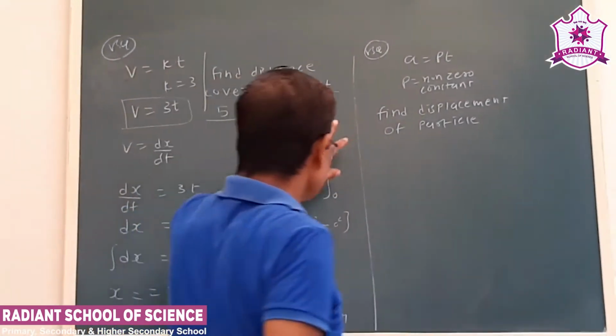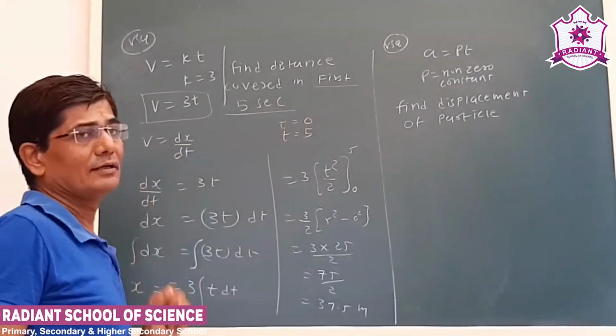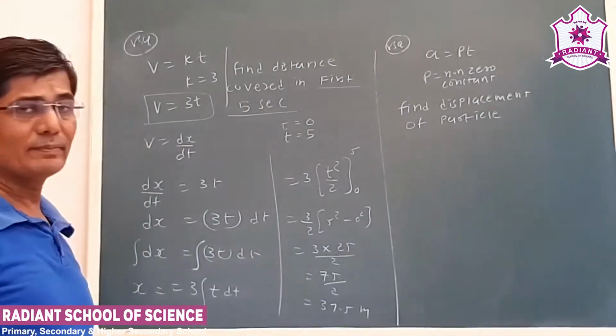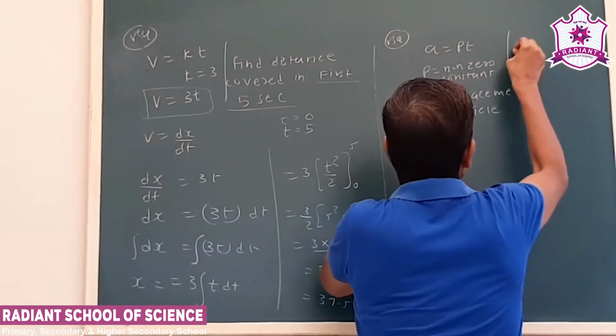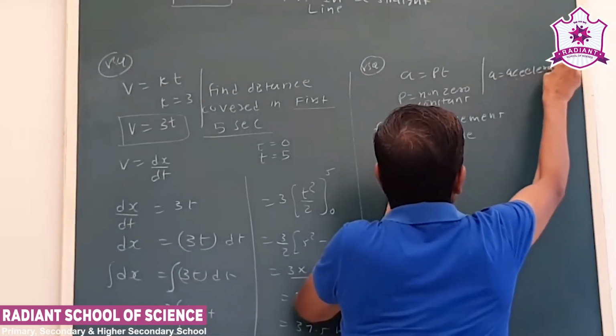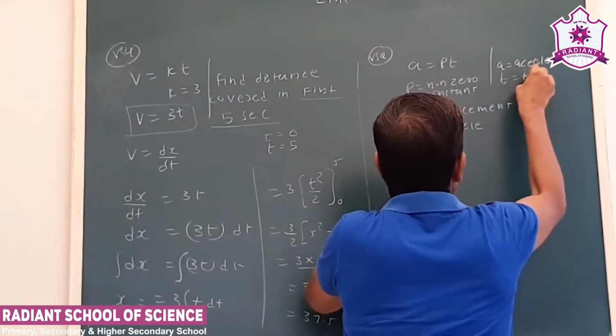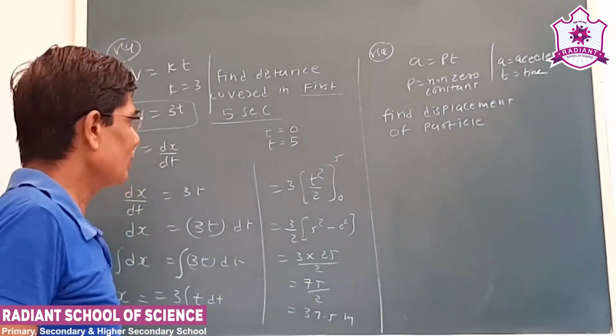Now here we have calculated displacement from 0 to 5 seconds, but now the relation is like this: a is acceleration equal to pt, where t is time. In that case we have to find out displacement.